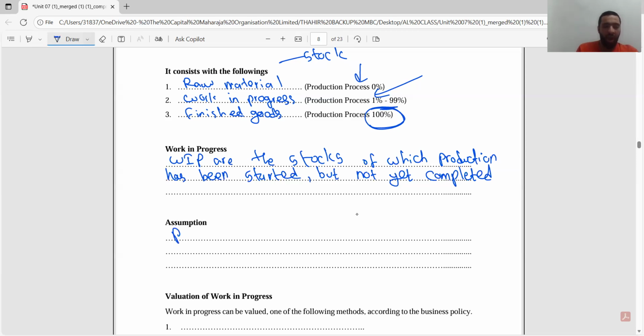Assumption. Previous year closing WIP will be completed in this year.